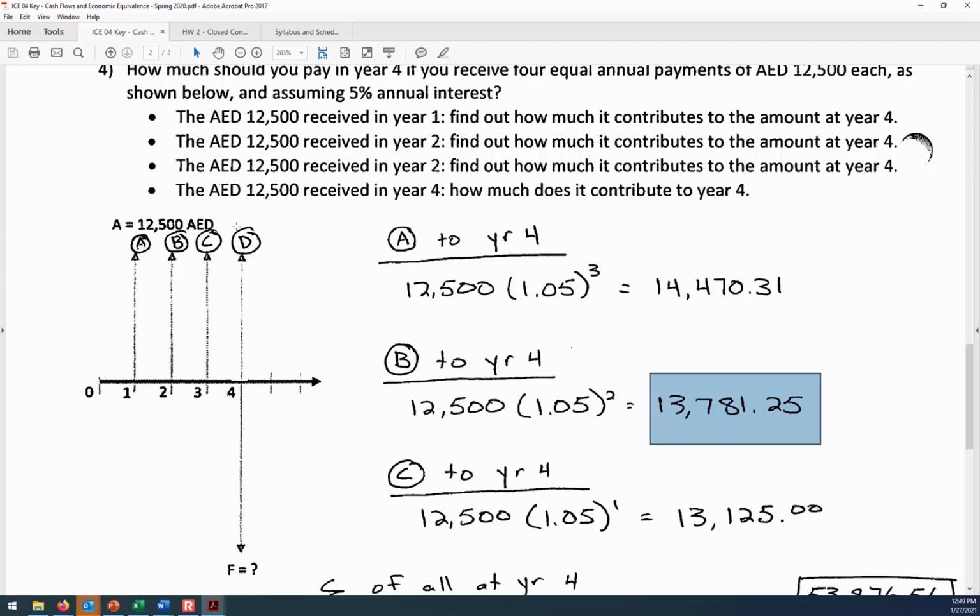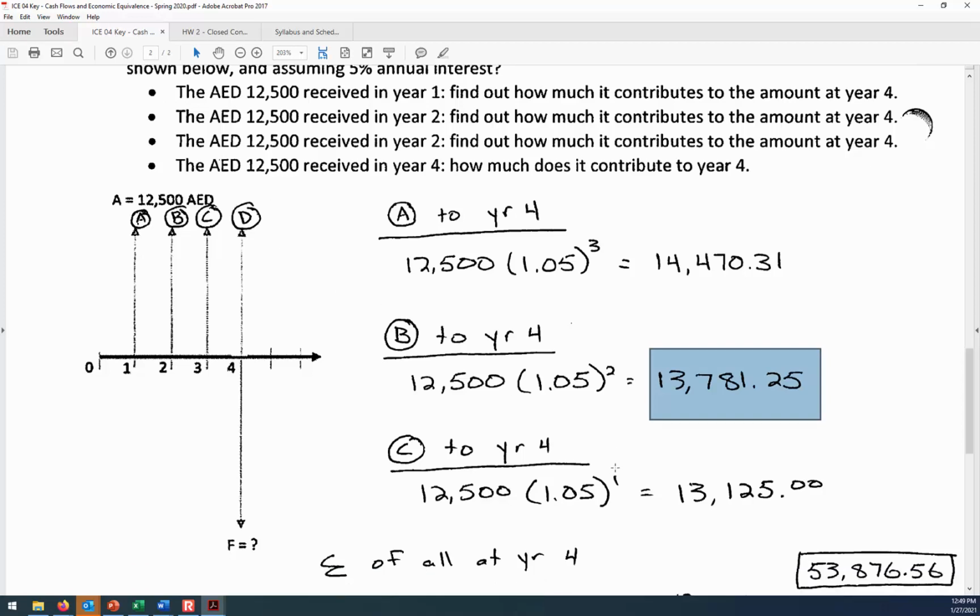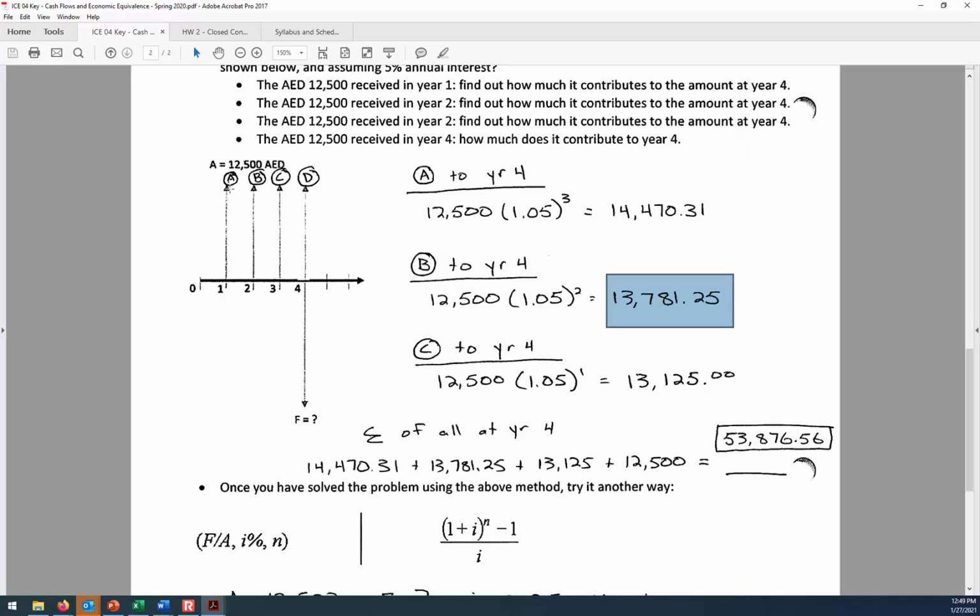And now arrow D is already at time 4, so we don't have to do any compounding for that. But the sum of those amounts is 53,876. So that's one approach where we take each one of these amounts as an individual present value and we compound it to the future.